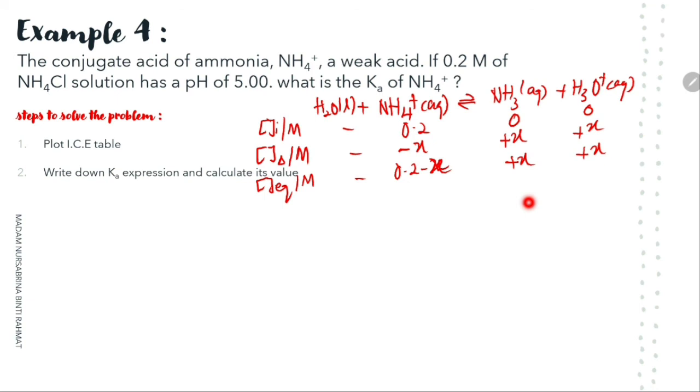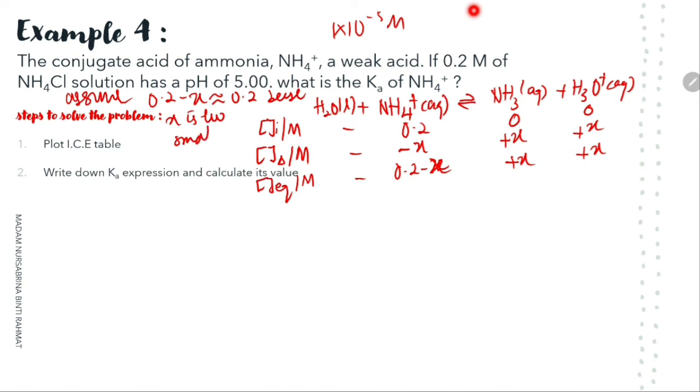From our calculation before, using pH to calculate H3O plus concentration, we get 1 times 10 minus 5 molar. We're going to assume 0.2 minus X is equivalent to 0.2 because X is too small. From there, we calculate our Ka.